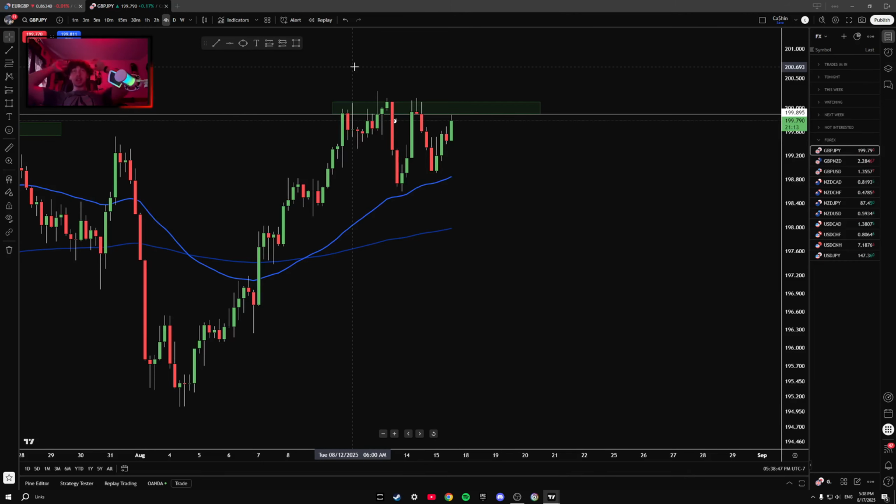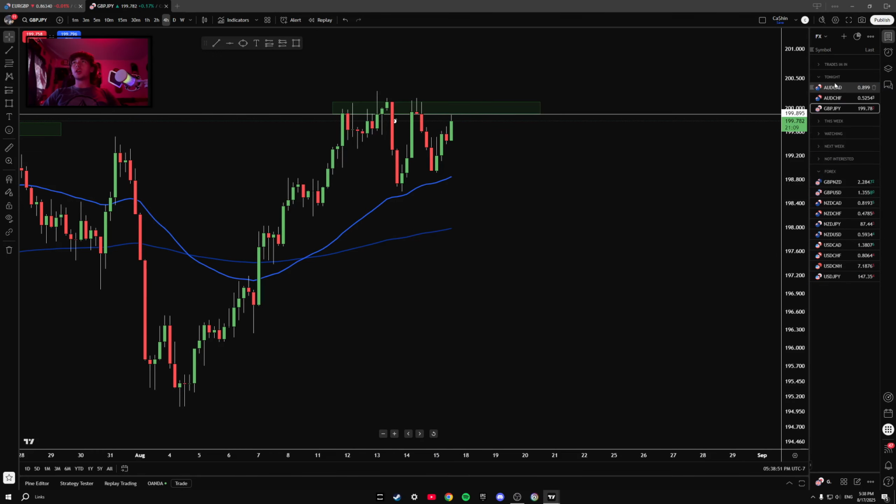So yeah, it just has to be clean on the 2-hour and 4-hour, and then this would be a good trade. Not a very good trade, but it's a good trade. It's probably like a C or B. I don't know if I'd consider it A tier, just because daily and weekly aren't looking great, but it's a great 4-hour down trade.